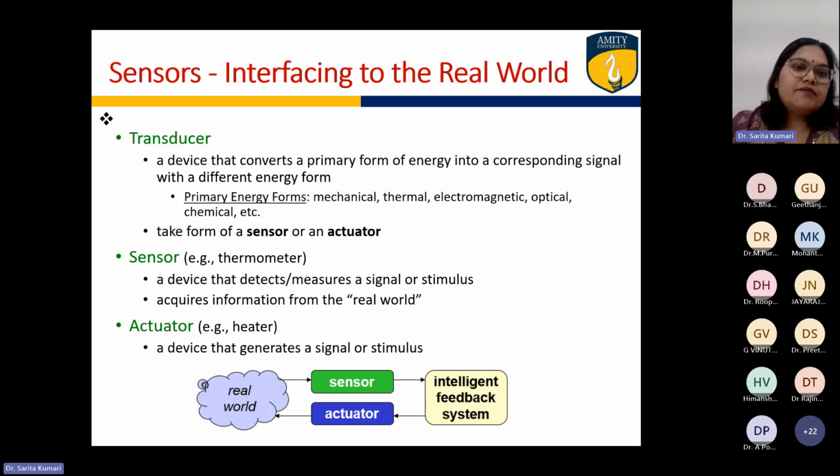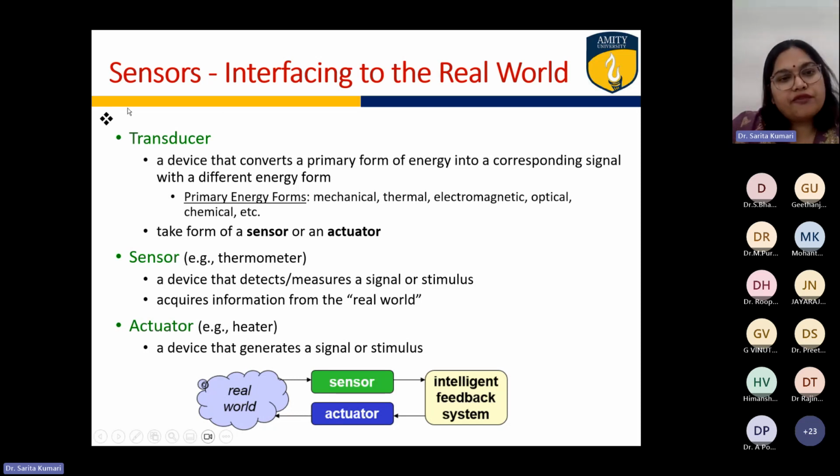So we can see here there are three terminologies given, that is transducer, sensor, and actuator. This is the sensor part, the part which comes into contact with the parameter, or the physical change in the atmosphere, whether it is temperature, pressure, humidity, or any other kind of parameter, that will be sensed with the help of sensor.